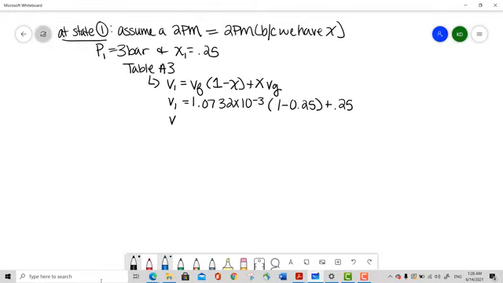V1 equals 0.15226 meters cubed per kilogram.